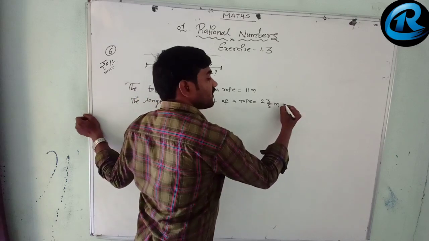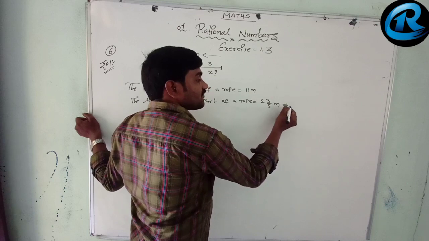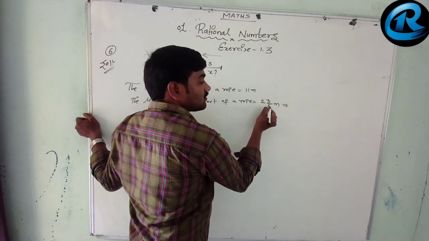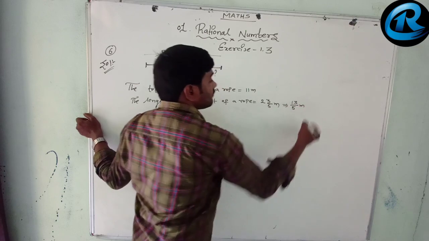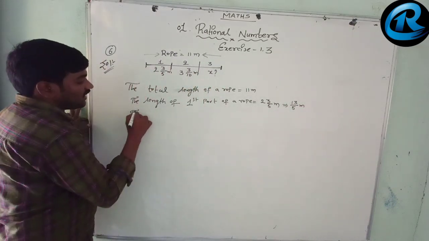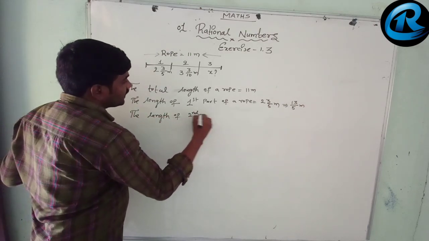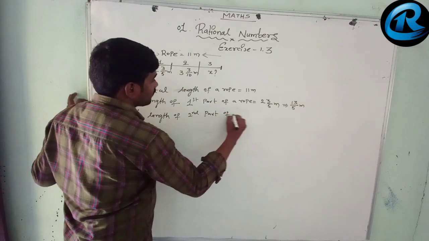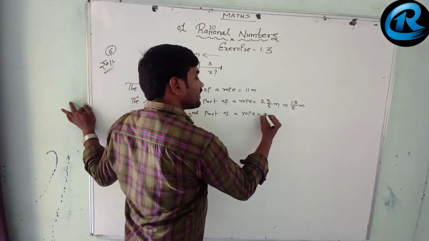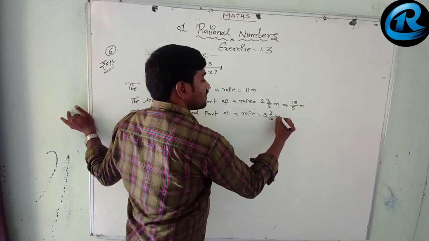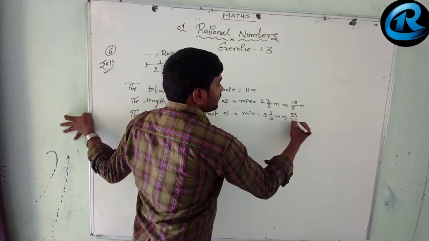Here we write it in the form of an improper fraction, because it is a mixed fraction, no? 5 2s are 10 plus 3, that is 13 by 5 meters. Then the length of the second part of the rope is 3 whole 3 by 10 meters, nothing but 10 3s are 30 plus 3, 33 by 10 meters.